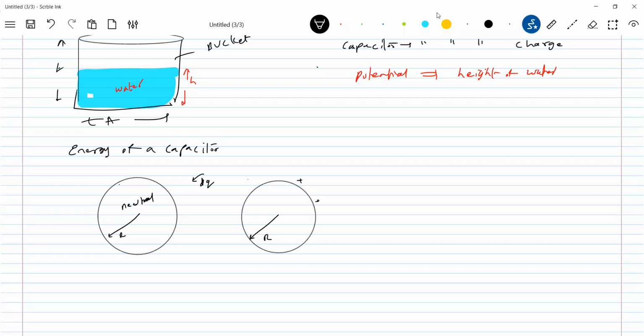Now it has acquired a charge q, then dq, and finally it has acquired a charge of q. So how much work will I be doing for this? This is an iron sphere.